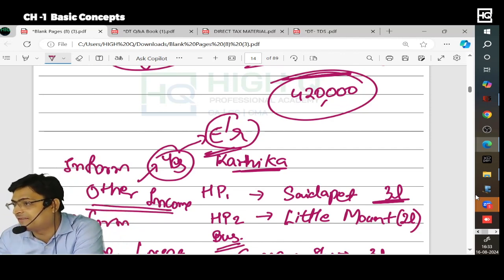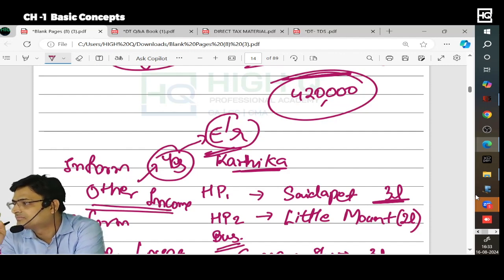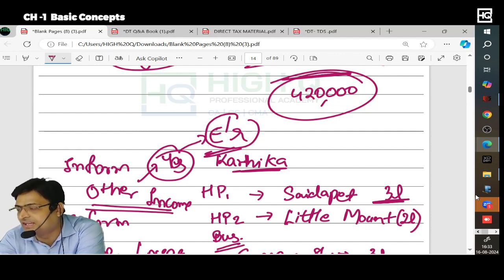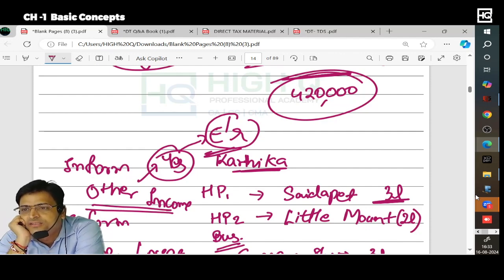That means I have to pay tax on all my income. Since the employer is already deducting my TDS, if I inform my other income to the employer, then the employer will consider all income for the purpose of deducting TDS.